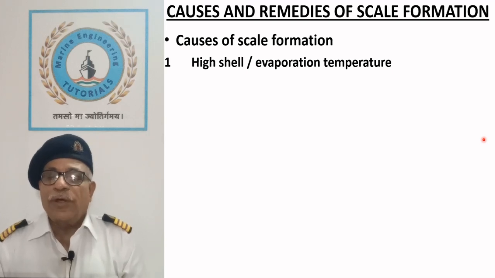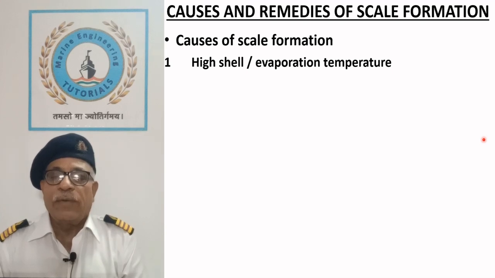Operation of freshwater generator with its shell temperature above 45 degrees centigrade can cause scale formation on the evaporator surface, which may be due to lack of vacuum, high seawater temperature, insufficient flow of seawater in condenser, or a dirty condenser.